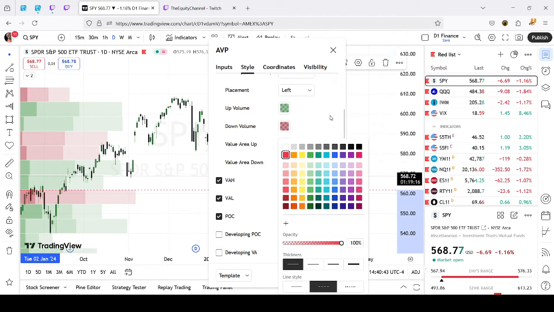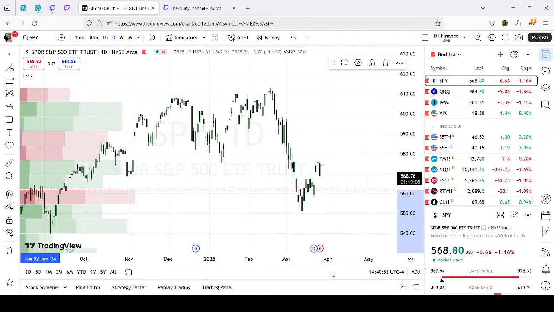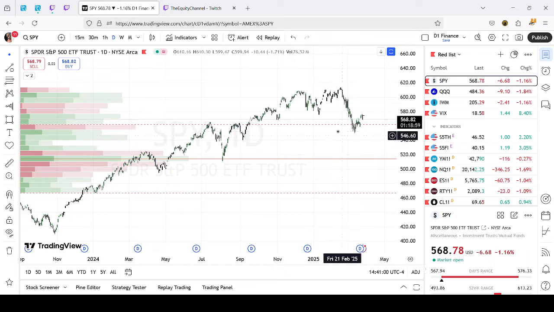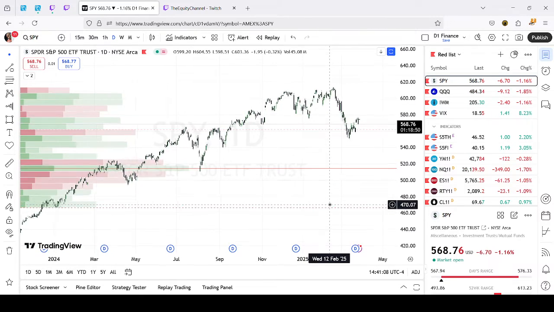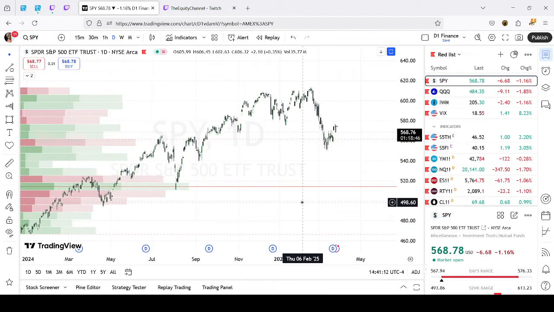I'm going to turn that up so you can see it better. I use dashed red lines for my value area high and low. As you can see, it really stands out on my chart, and I can't miss it. So, for example, when it's time for me to set my Fibonaccis, let's talk about that.